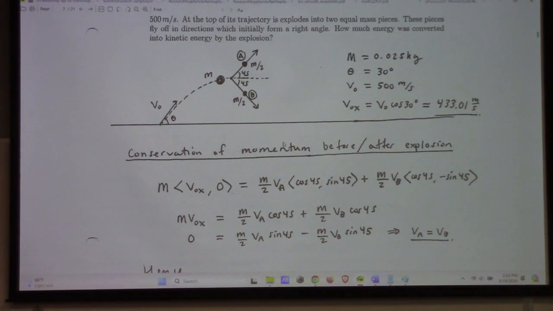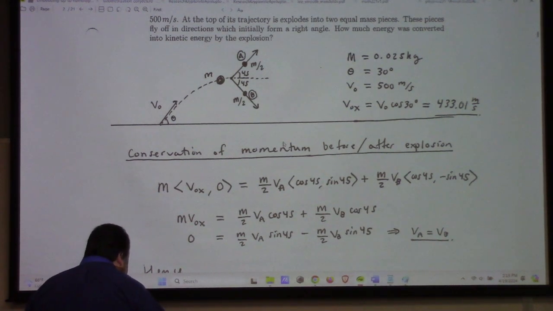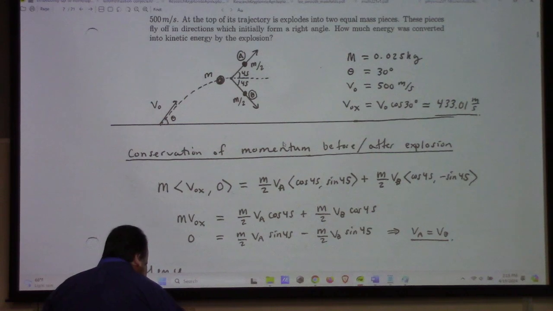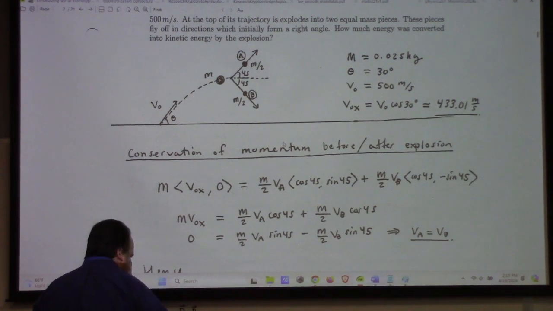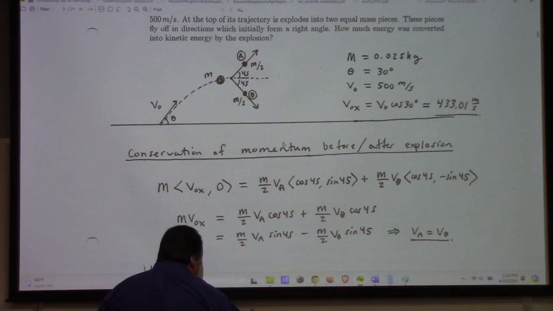Another way to understand what's going on here is something I haven't emphasized probably enough in here: kinetic energy is equal to P dot P divided by 2m. Or you could write that as the x momentum squared divided by twice the mass plus the y momentum squared divided by twice the mass.